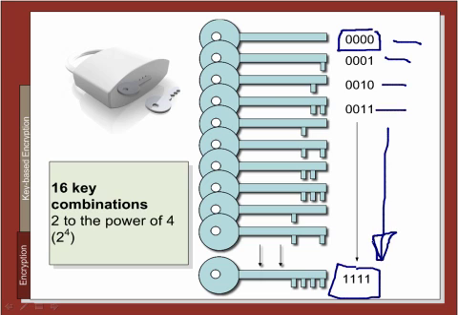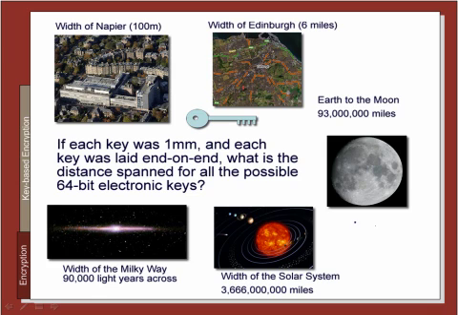So it is obvious that to keep something secure we need to maximize the number of keys that are available. Just to show you the scales involved of these, let's say that each one of the keys of a 64-bit key measured 1 millimeter. Let's say that we had each one of these physical keys was 1 millimeter in length, and we laid them all alongside each other.